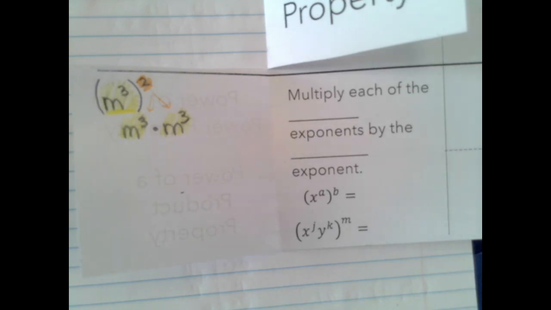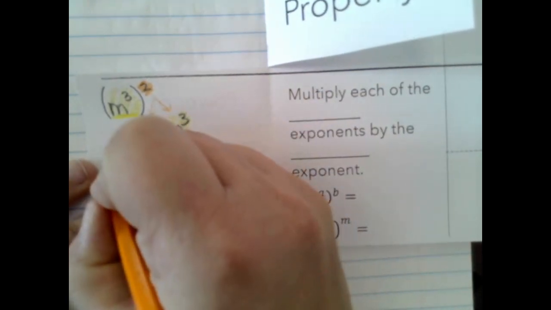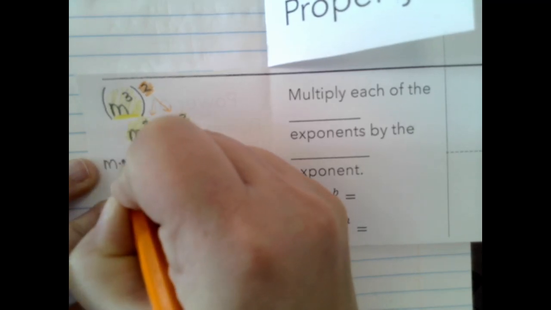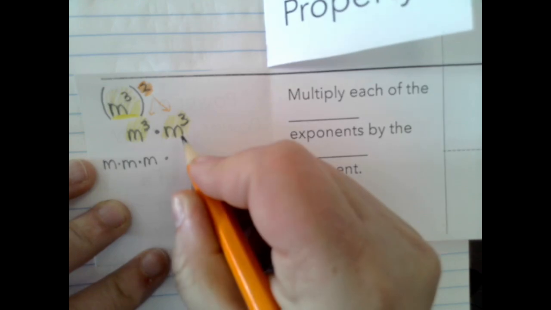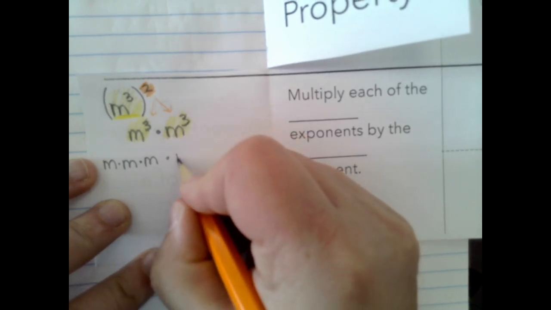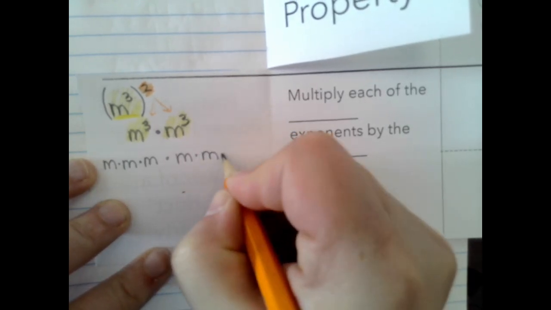Now we just talked about this, so if you're feeling like you got it, you can write it without that part. But m to the 3rd is really what? 3 m's, m times m times m. M to the third power is really m times m times m.